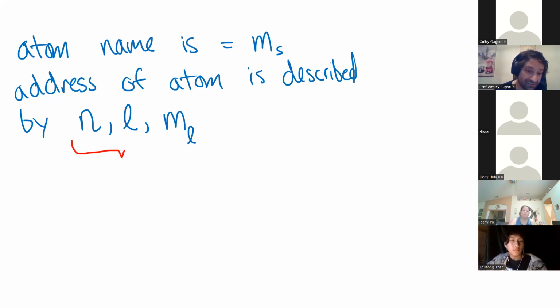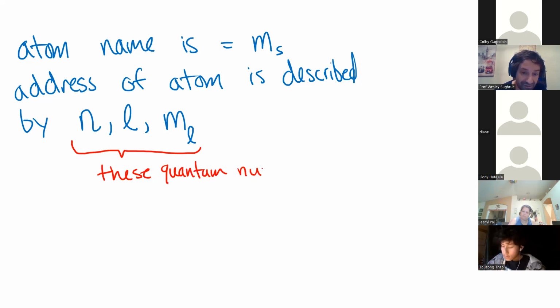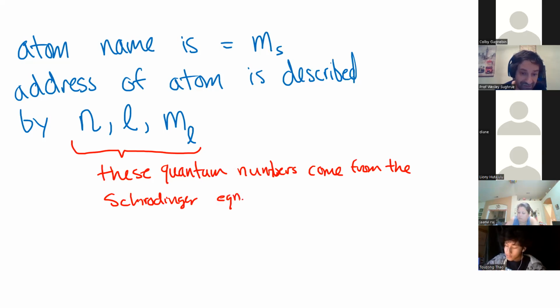These three quantum numbers right here come from the Schrodinger equation.